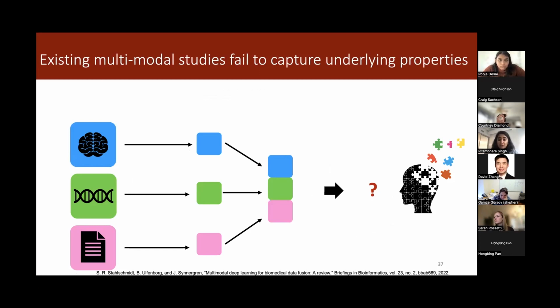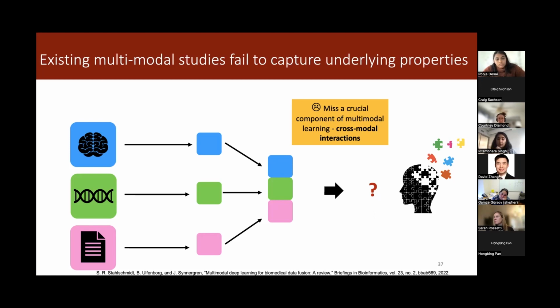As I mentioned, you can imagine that in this multimodal setting, a simple concatenation may miss a crucial component, which is the different importance of different cross-modal interactions. Maybe it's more important to look at the interactions between the MRI and the clinical data versus the SNP and the clinical data and things like that. So these studies don't explicitly model that.